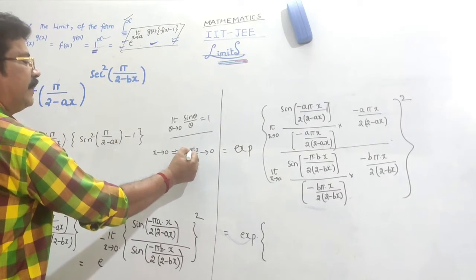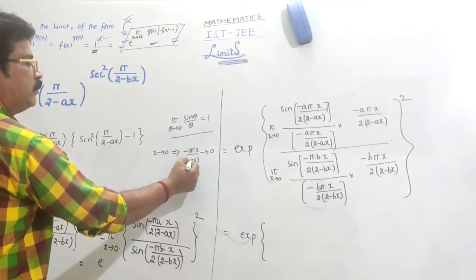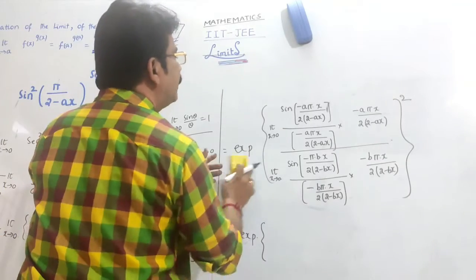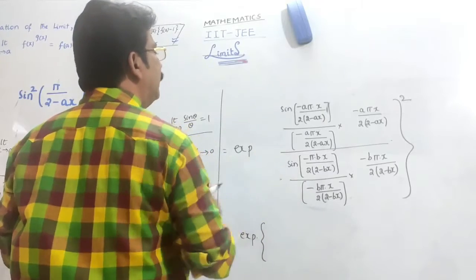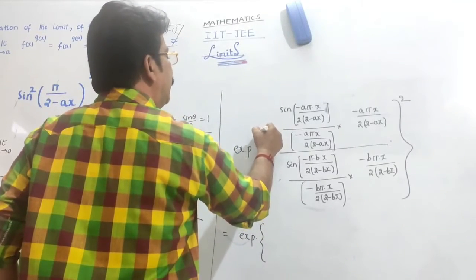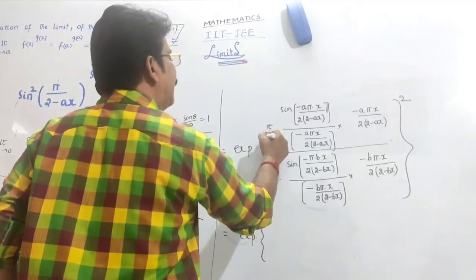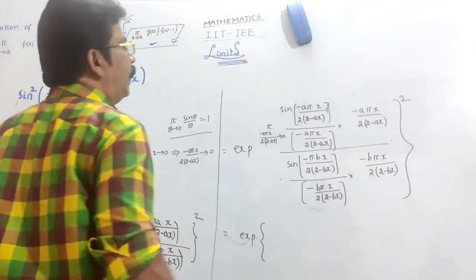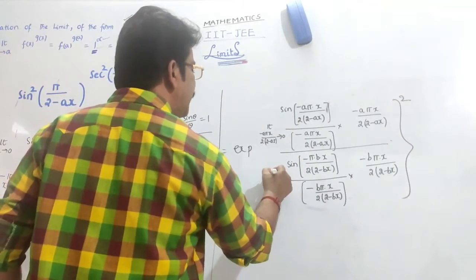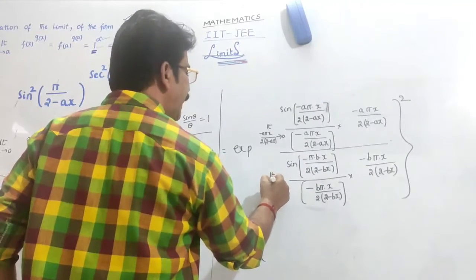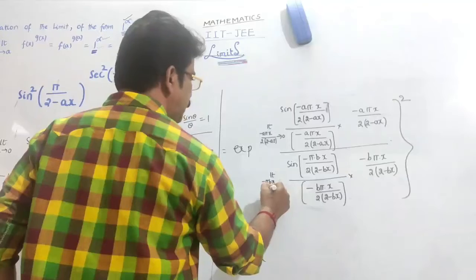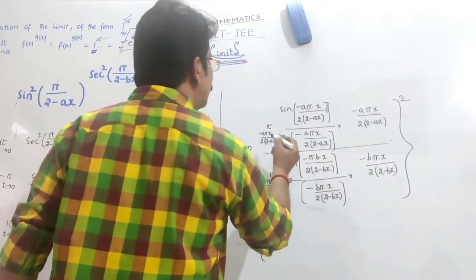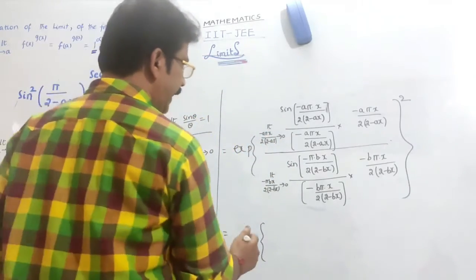So multiplication of this, minus a pi divided by 2 into 2 minus ax, also tends to 0. So therefore, instead of x tends to 0, we can write limit minus a pi x divided by 2 into 2 minus ax tends to 0. Similarly, here also limit theta, meaning minus pi bx divided by 2 into 2 minus bx, tends to 0. Okay, so therefore exponential of.